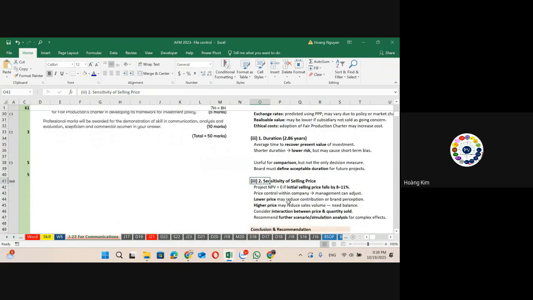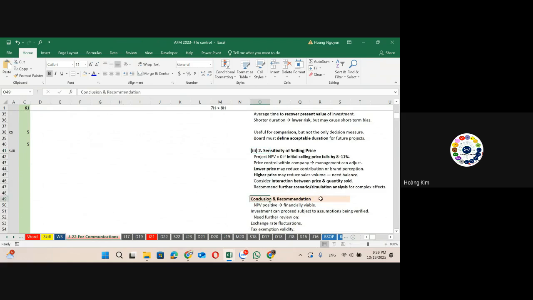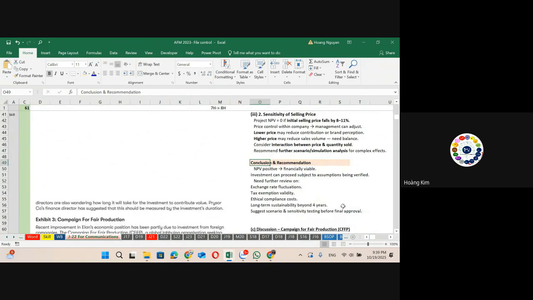The sensitivity analysis, and after that, you make the conclusion and recommendation. This is the communication skill. When you send the report by email to the BOD, you always do it. It seems like providing a strategy or method of calculation, right?